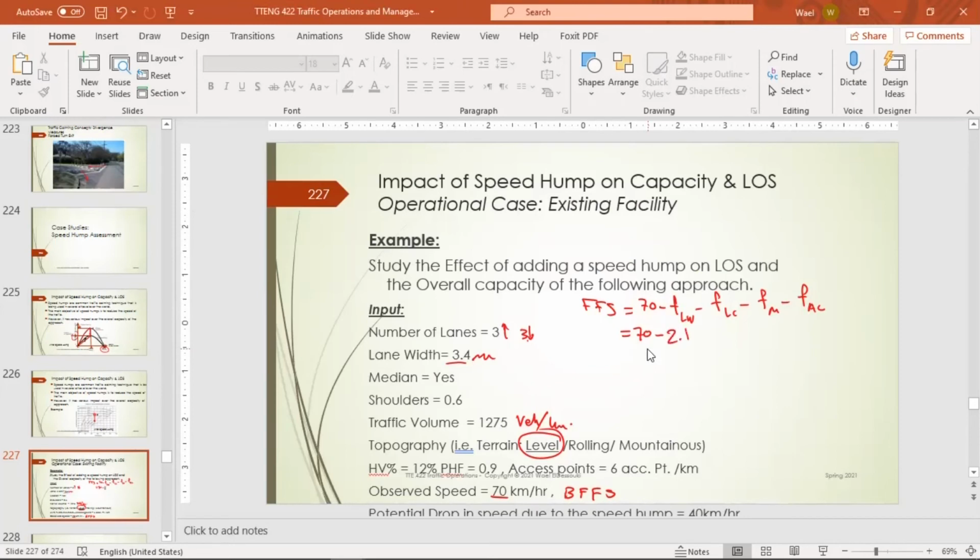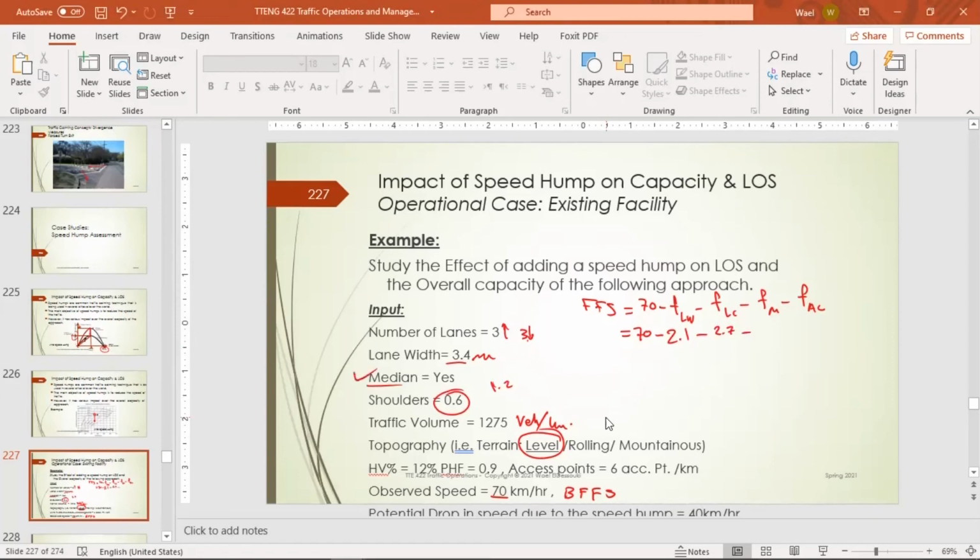So here minus 2.1. Lateral clearance, we have 0.6 shoulders. And the median, yes, we have a median. So we're going to assume that we have 0.6 and 0.6, 1.2 total lateral clearance. For a 4-lane highway, 3 for 6 lanes, the reduction in free flow speed is 2.7.